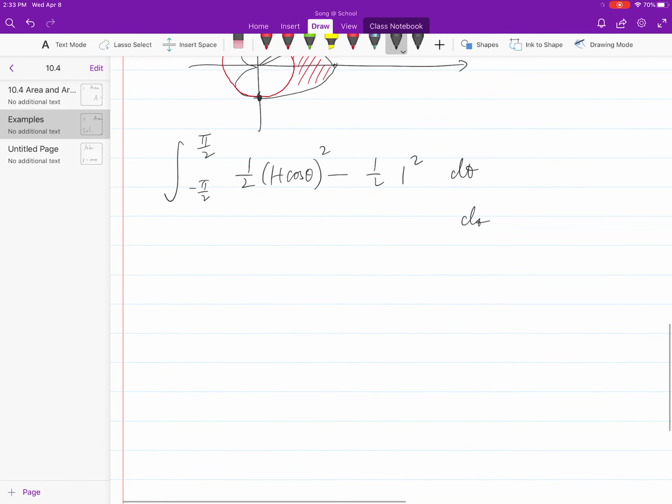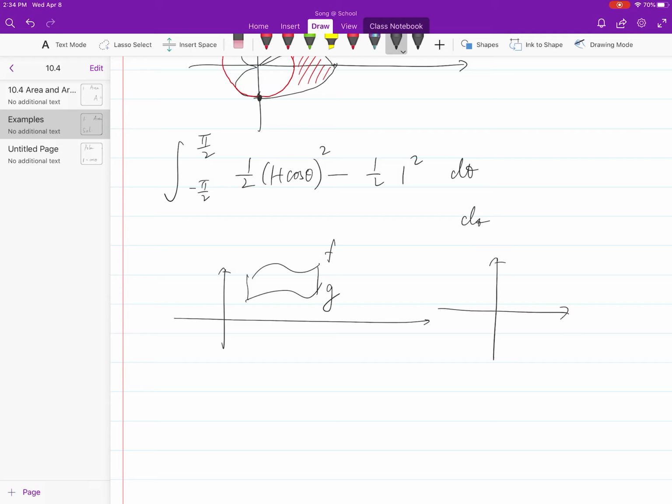Okay. Just to clarify, compared to, for example, f of x and y. If you have two functions, what's the area between them? You use the bigger function, which means it's at the top, minus the one at the bottom. Okay. For polar coordinates, it's different. You are going to have a very outside shape, and you're going to have a very inside shape. Okay?